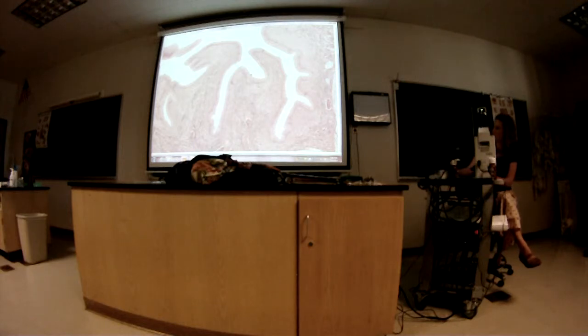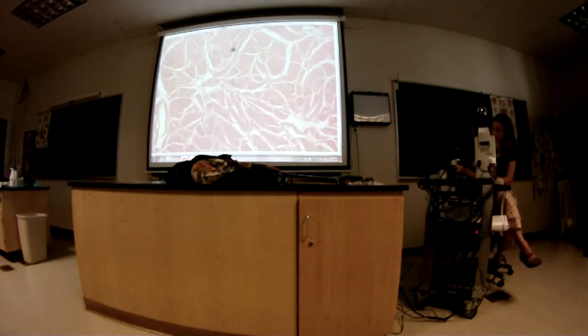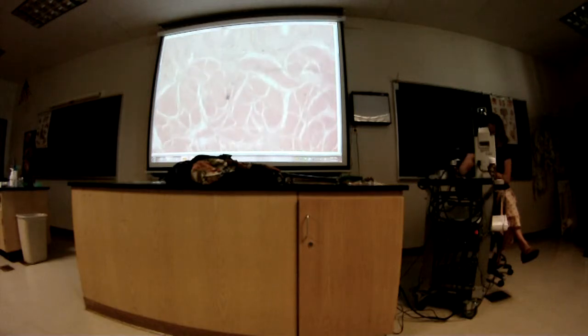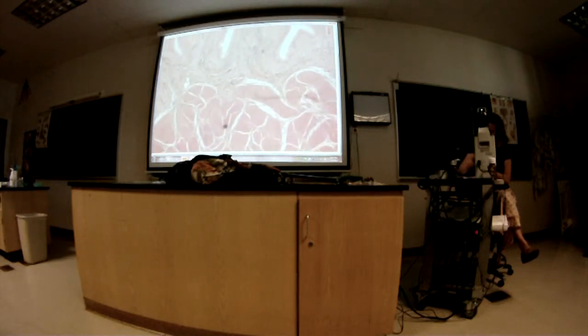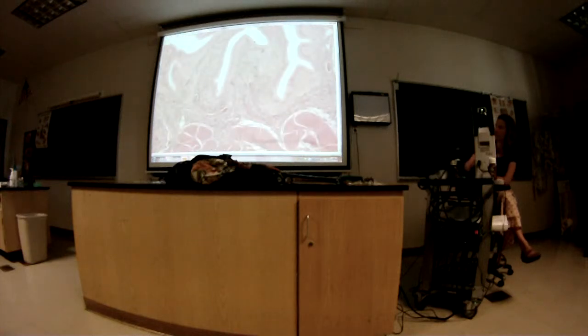Alright, one more time, what kind of tissue is this here? Transitional epithelium. And what kind of tissue is this? Smooth muscle. What's the name of this layer? Detrusor muscle. Good. Mucosa, I didn't mention that for the ureter. Mucosa is the same thing as mucous membrane.